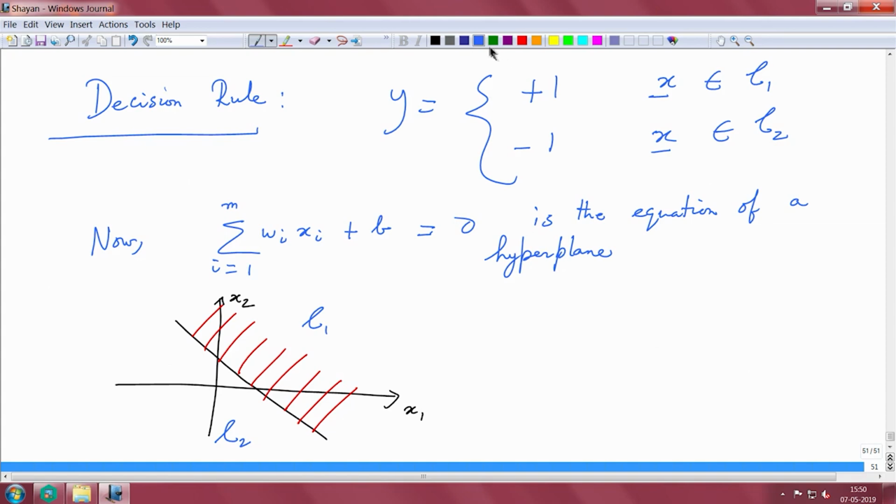Now, we need to obtain the equation of the hyperplane.